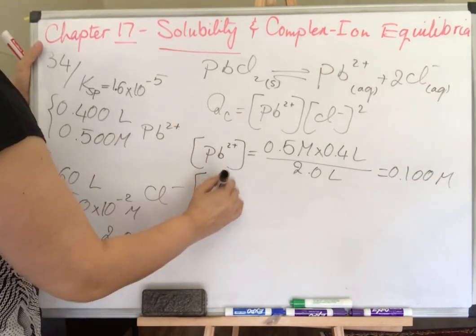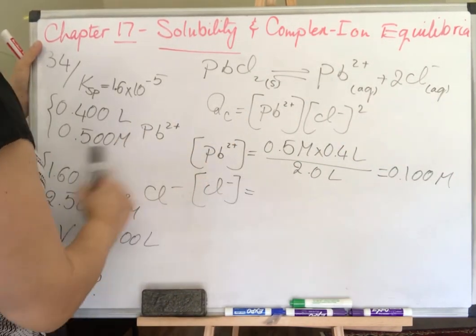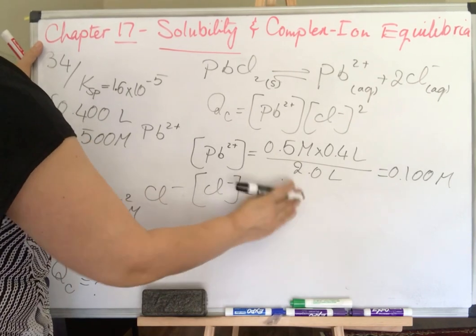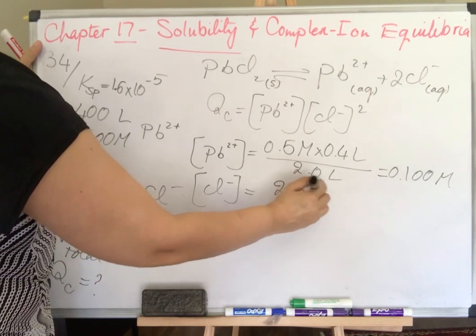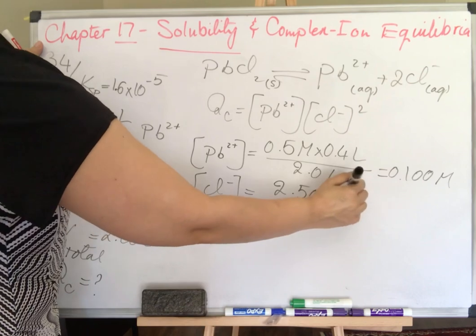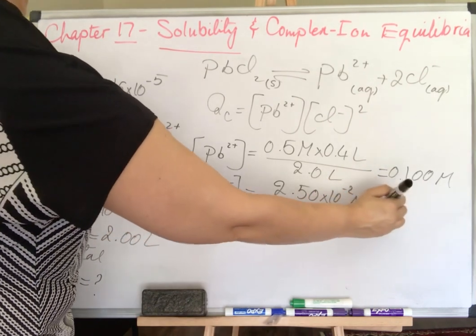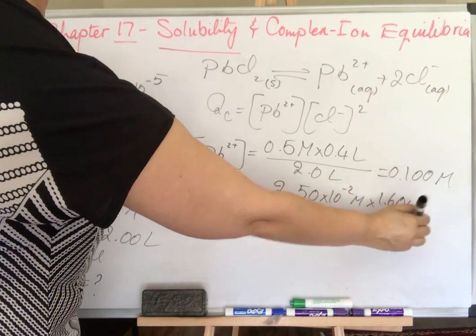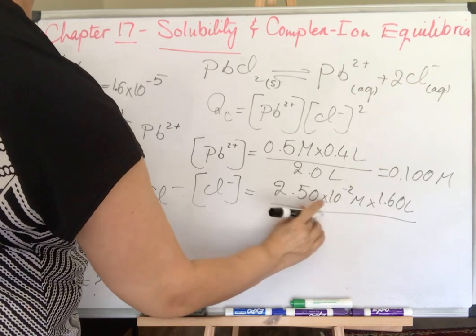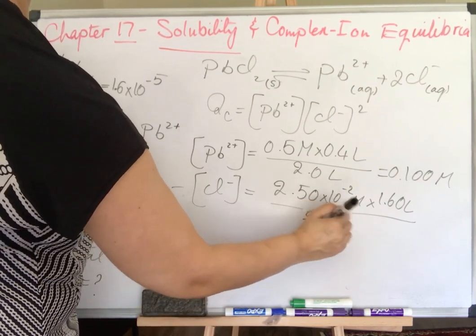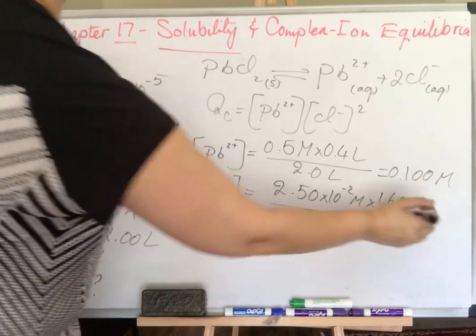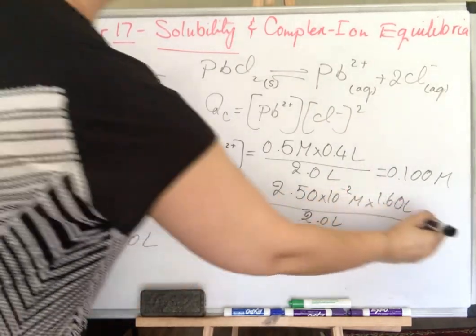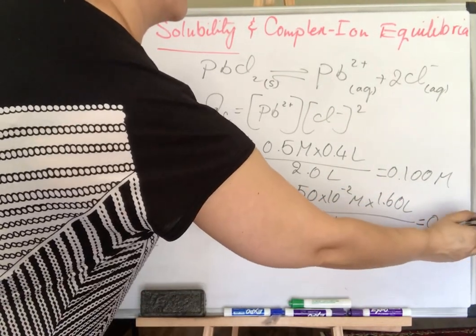And for Cl- it is going to be 2.50 times 10 to negative 2 molar times 1.6 liters divided by 2 liters. So it's going to give you 0.020 molar.